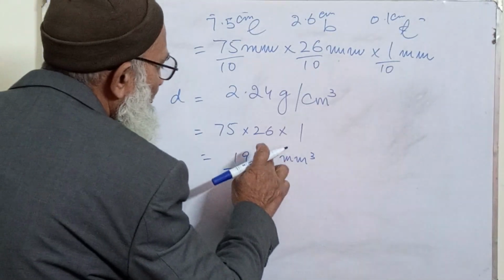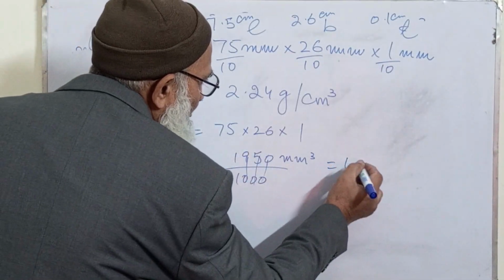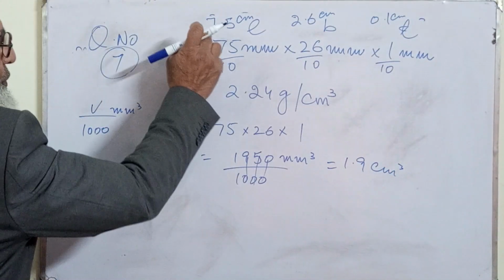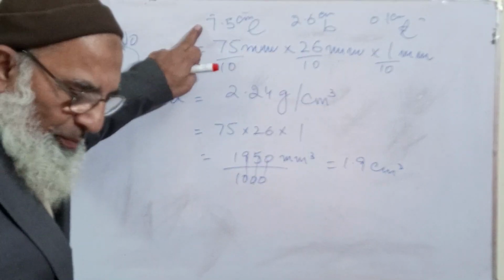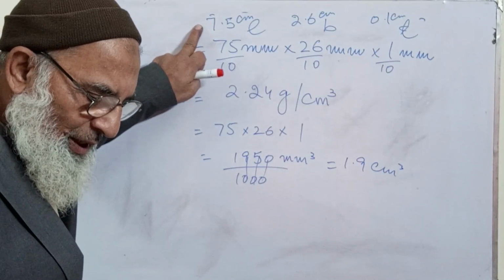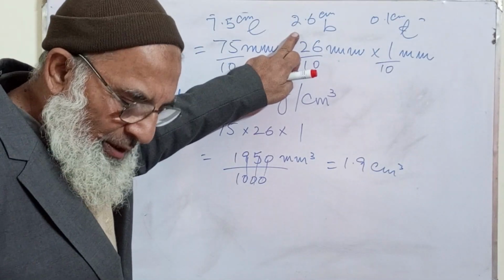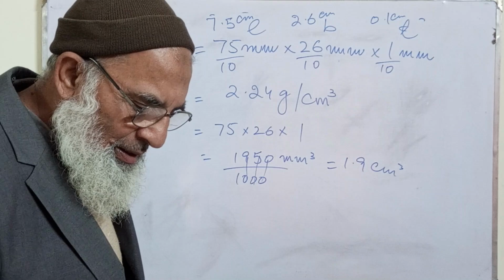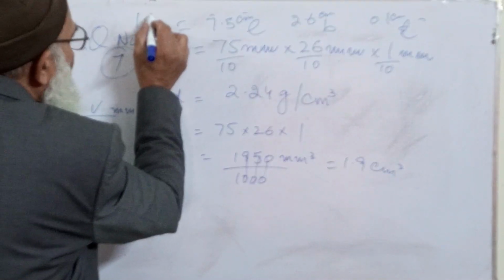So it will become 1.95 centimeter cube. Or if you do it like this, 7.5 multiplied by 2.6 multiplied by 0.1, yes, it has come 1.95.